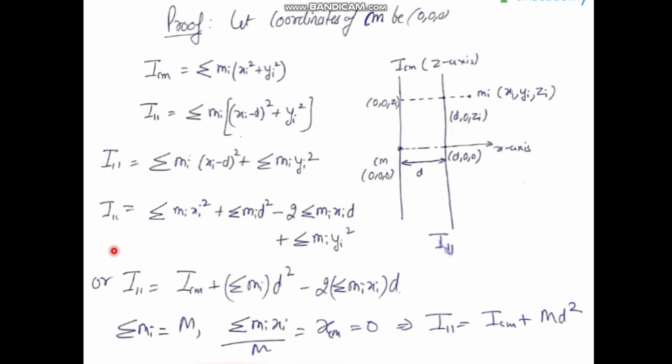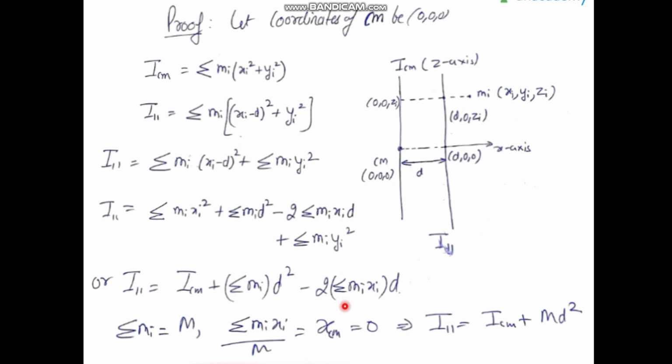Now I parallel is equal to this summation mi xi square plus summation mi yi square, that is ICM. So I replace these two by ICM, plus I am left with summation mi into d square minus 2 times summation mi xi into d. Now in this summation mi d square, d is common, so I can write d outside. It is summation mi, which is total mass. So summation mi is total mass.